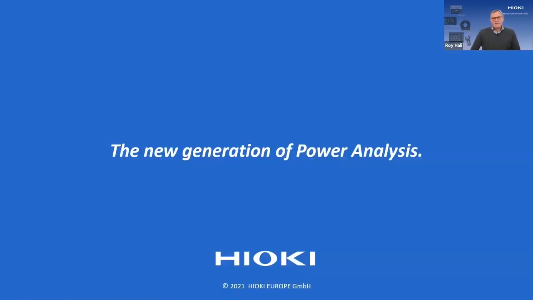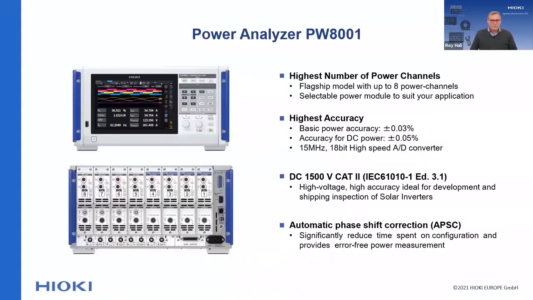We have seen some challenges and solutions of today's power measurements. Now, let me introduce some features of the technology behind that: Hioki's new flagship power analyzer, the PW8001. The PW8001 has a 10.1 inch touchscreen and can handle up to 8 power channels.